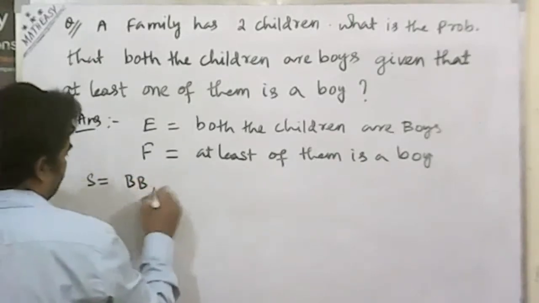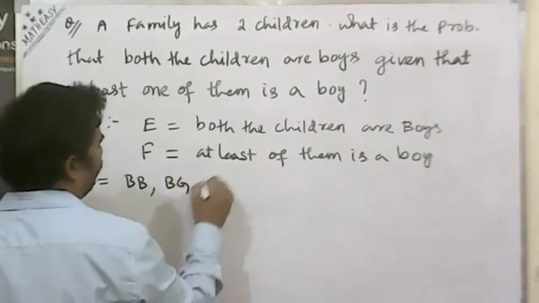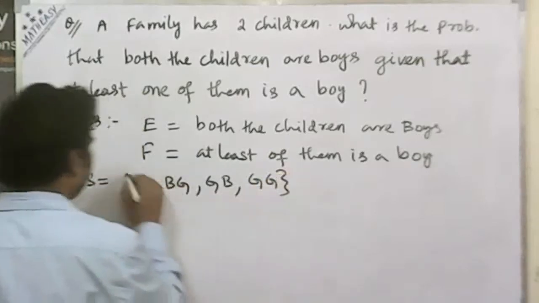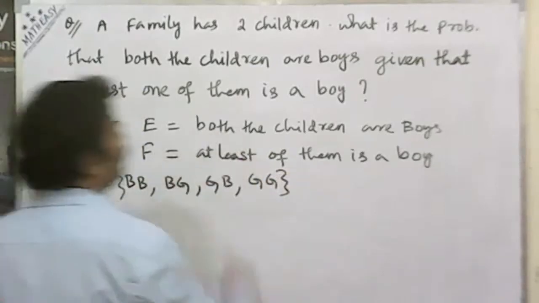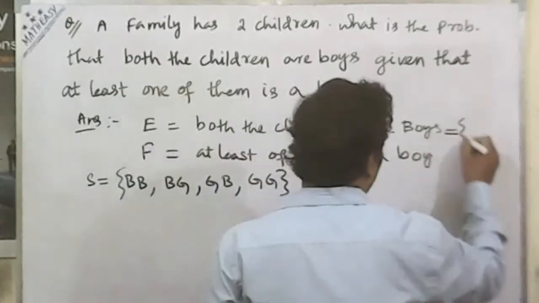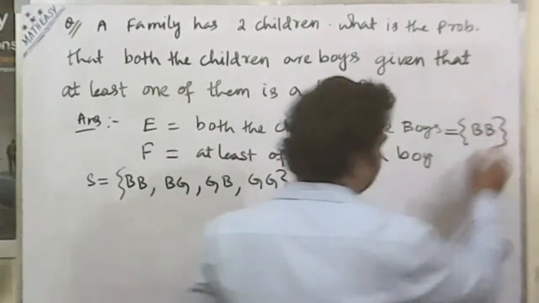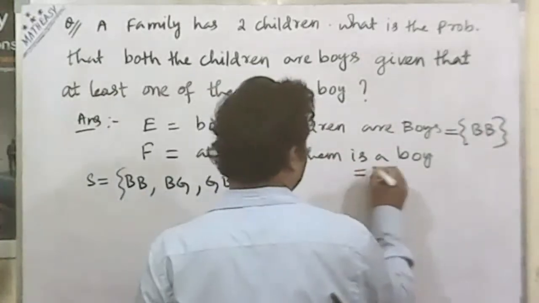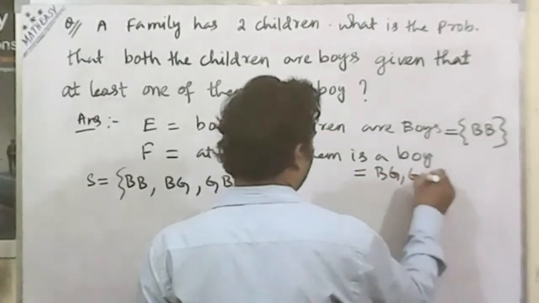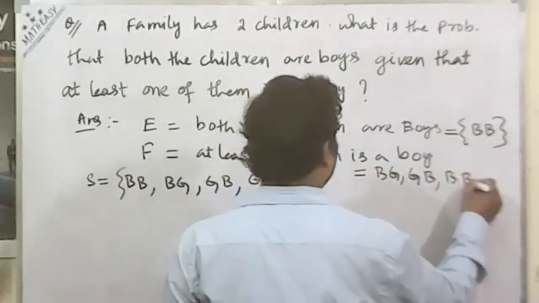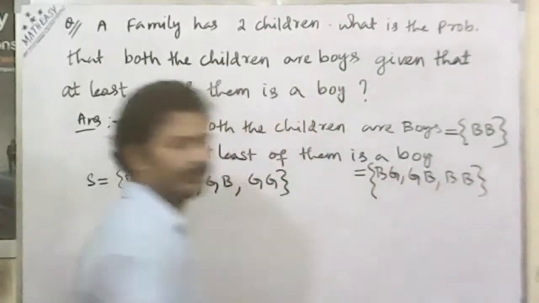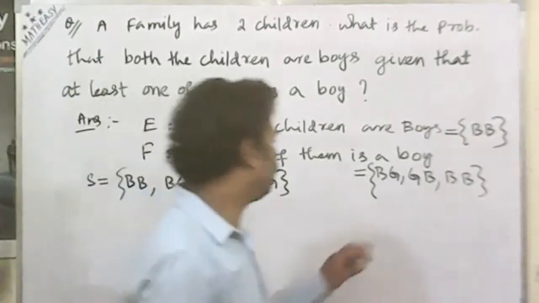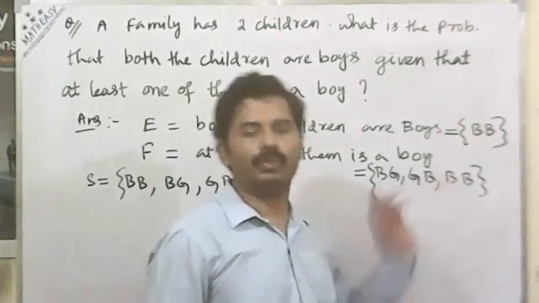It may be boy boy, boy girl, girl boy, or girl girl. Then both the children are boys is only boy boy. And at least one of them is a boy means boy girl, girl boy, and boy boy. Here, at least one of them a boy means either one boy or two boys.